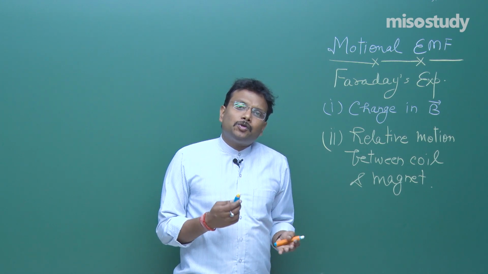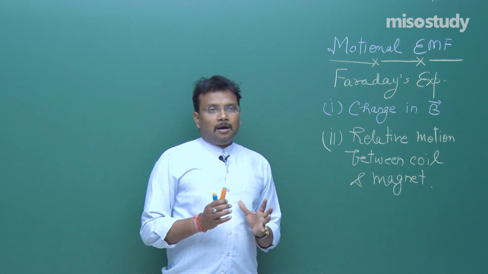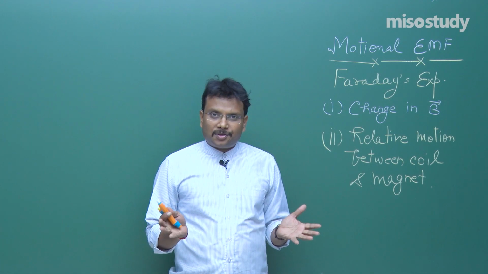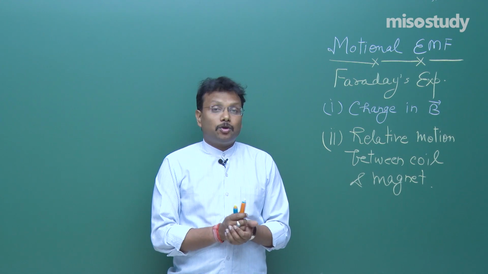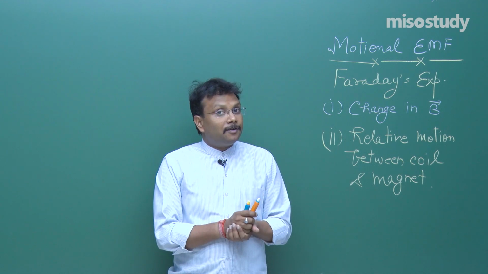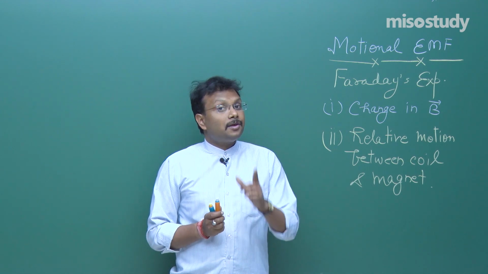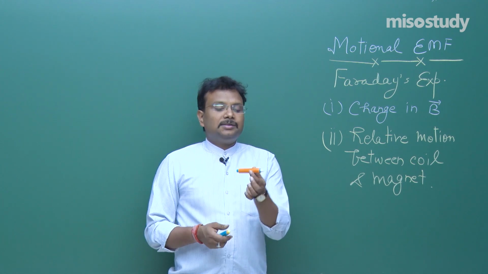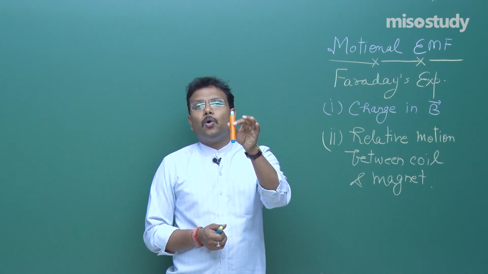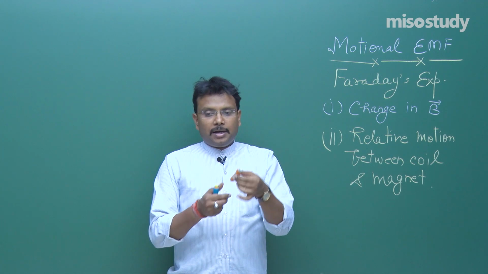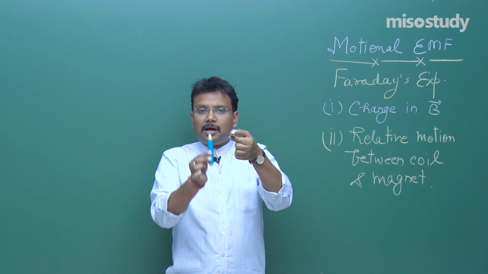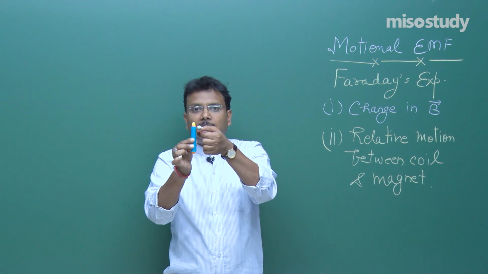Exactly what we want to discuss, say for example, a simple thing. Let us say this earth has a magnetic field, north to south. There are two components of earth's magnetic field, one horizontal, another vertical. Now, let us say this metallic rod, assume that this is not an orange color chalk holder, but a metallic rod. If this metallic rod is moving like this, then the vertical component of earth's magnetic field will cut.